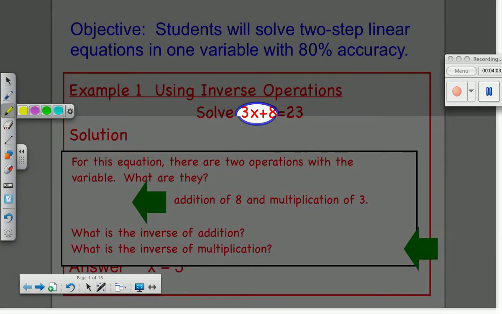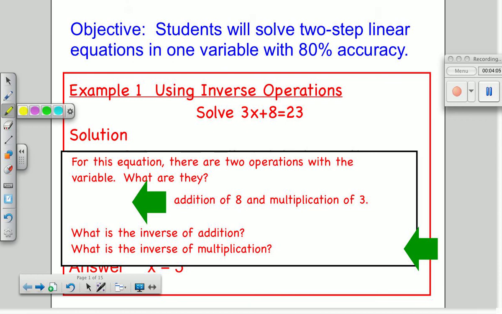Okay? So now my next question for myself that I'm going to write is, what is the inverse of addition and what is the inverse of multiplication? So, inverse of addition is, and what is it? Hopefully you said subtraction.